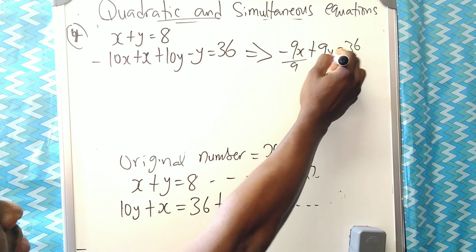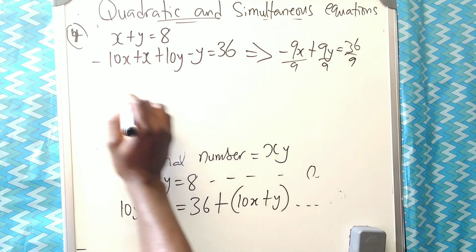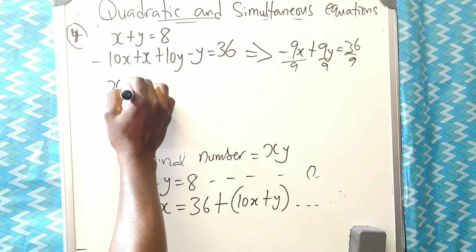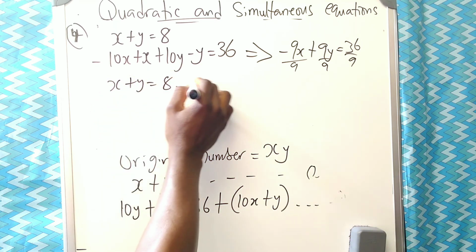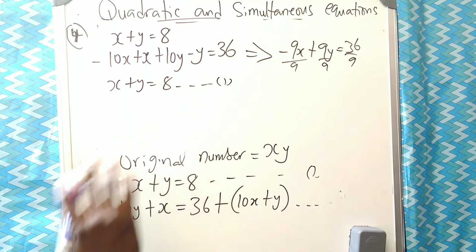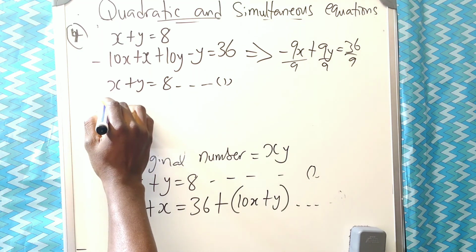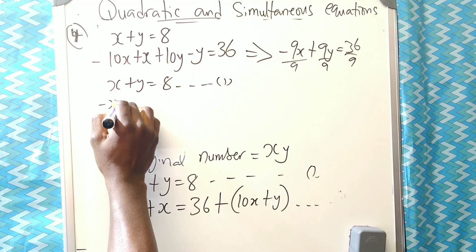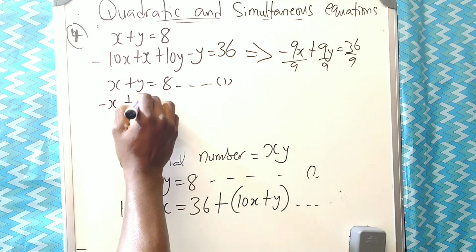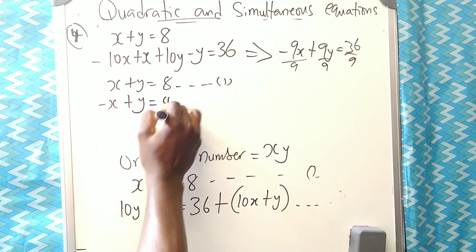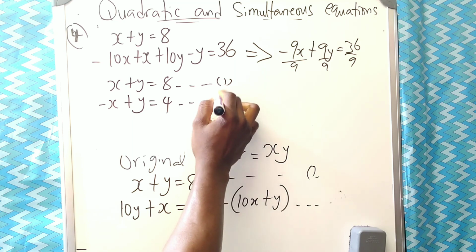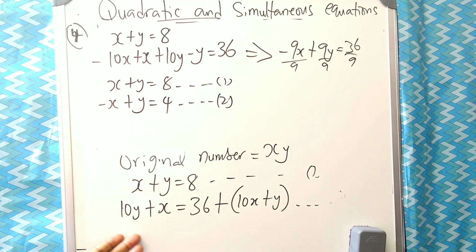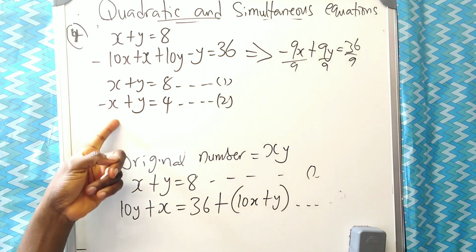So divide by 9, divide by 9, divide by 9. Then I'm going to have equation 1 as x plus y equals 8, and equation 2, after being simplified, becomes minus x plus y equals 4. We have simplified equation 2 from the second statement into this.